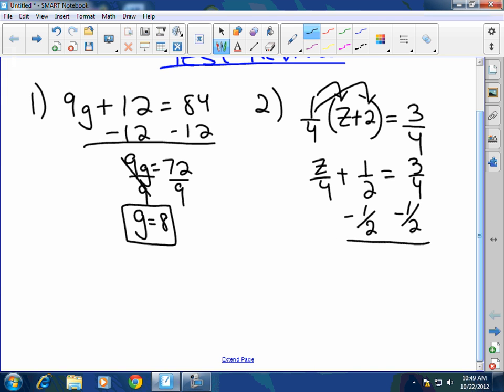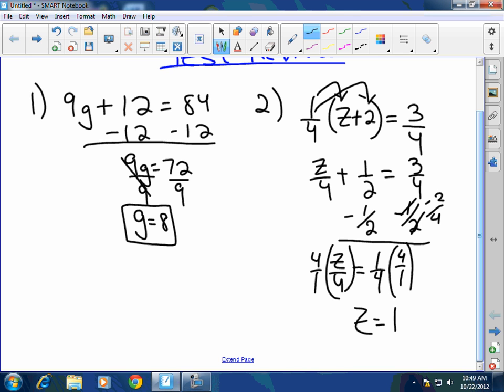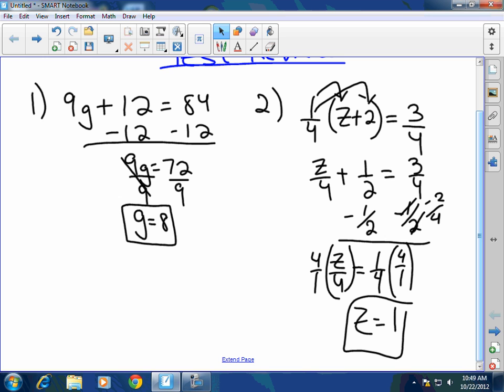I'll show you another way in a second. So you have z over 4 equals, that goes to 4. That goes to 1/4. That's 1/4 times 4 over 1 to undo division. You multiply, so z will equal 1. That's one way to do it, okay? That's one way to do it.